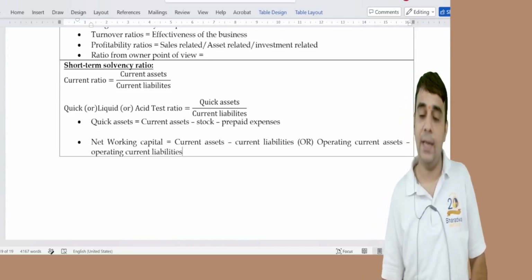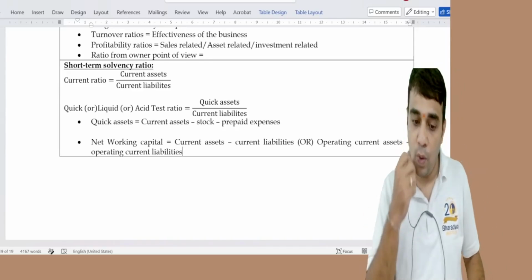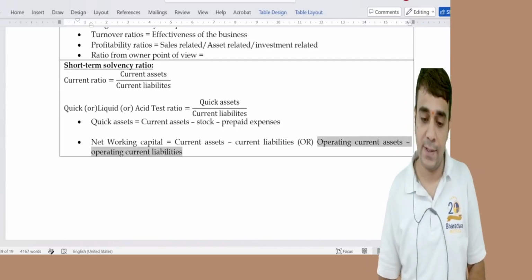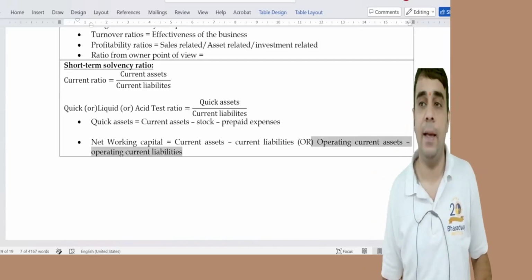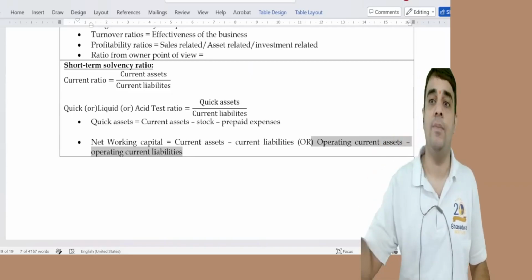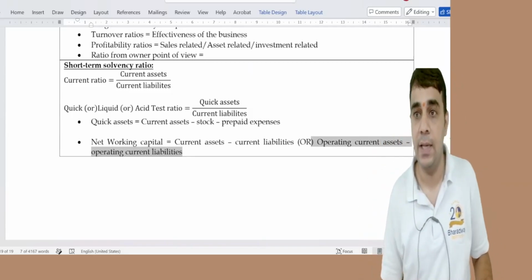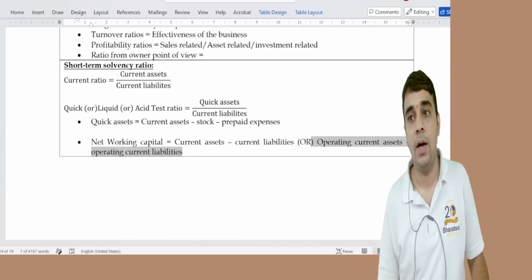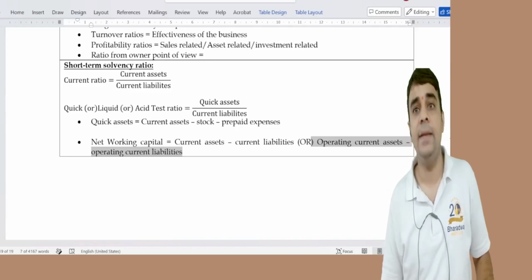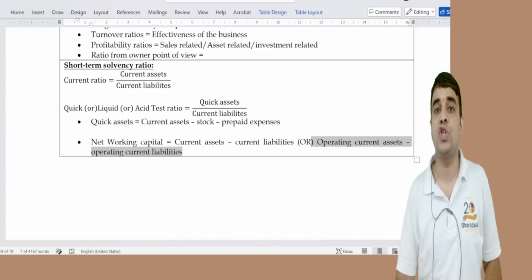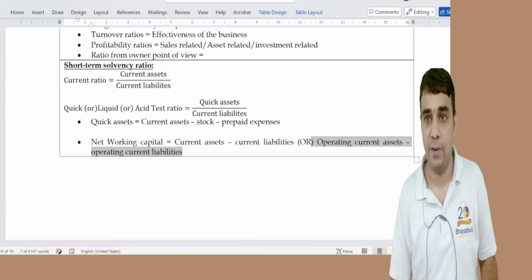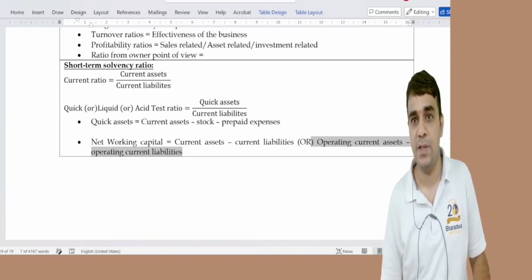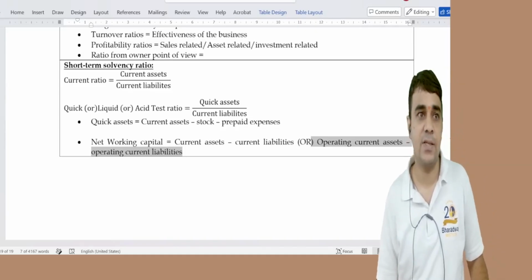So when you calculate net working capital, one concept of finance is that in the current liability, you can remove short-term loans. Similarly, in the current assets, you can remove short-term investments if you have done any, which is very rare, but this is a concept of finance.